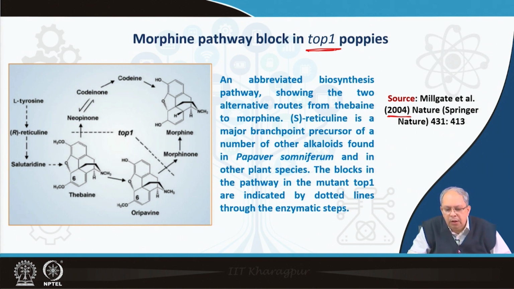So, the laboratory took seeds of poppy and treated them with mutagens, and after that they did vigorous screening, and ultimately they came up with the discovery of one mutant which is called top1. Now, the question is why they undertook such a study?